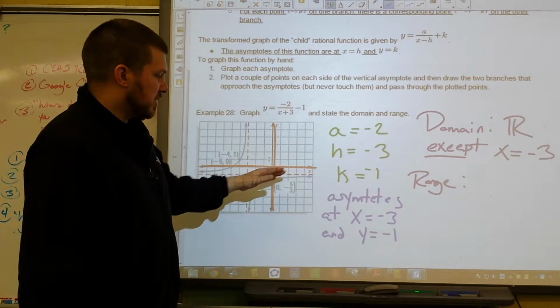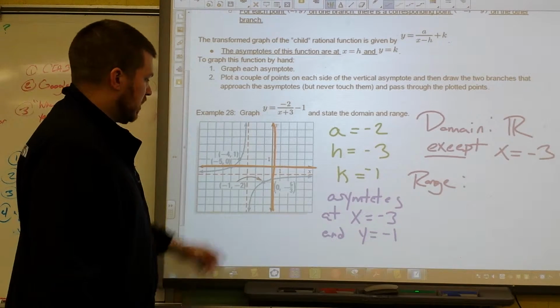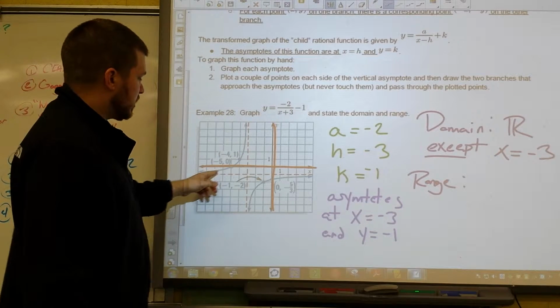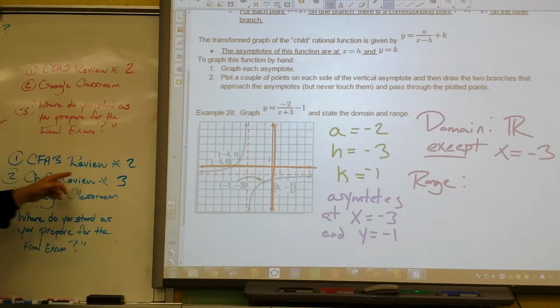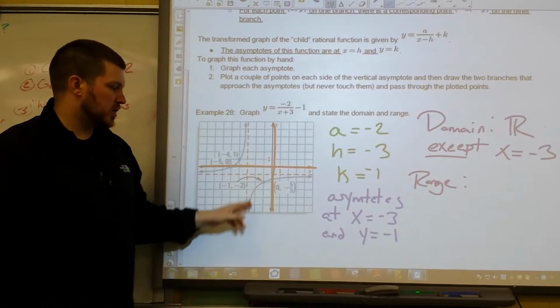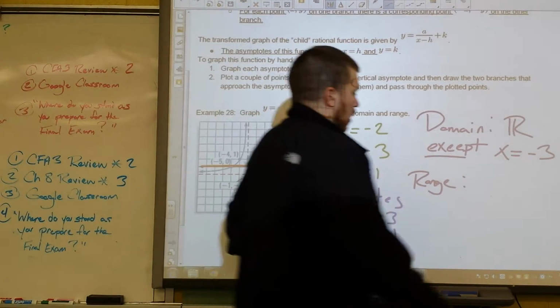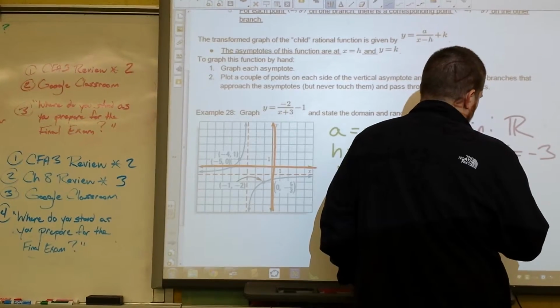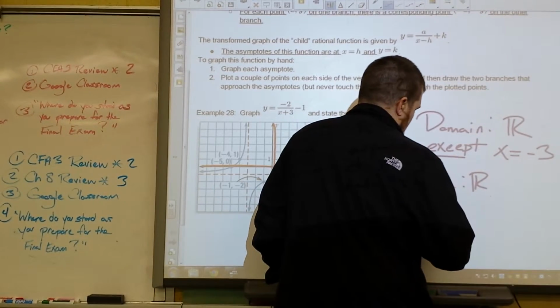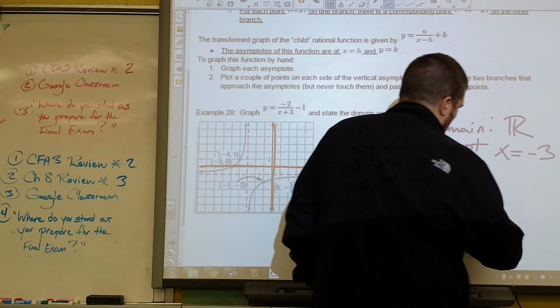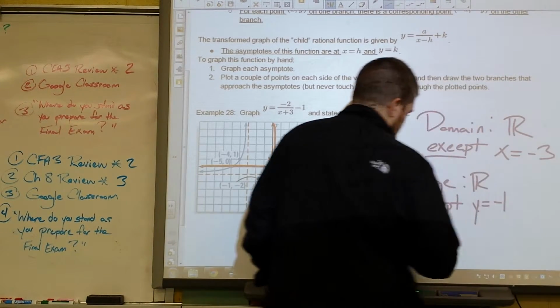So what that means is I'm going to be restricted in my range. Also, as I go down on this branch, the graph is approaching the line y equals negative 1. It's going to get really close but never touch. On this branch, it's not restricted at all. So our range is all real numbers, except y equals negative 1.